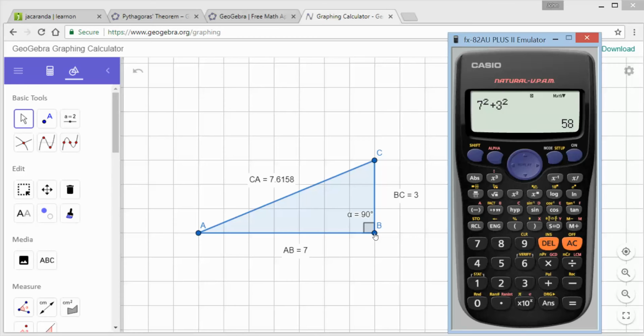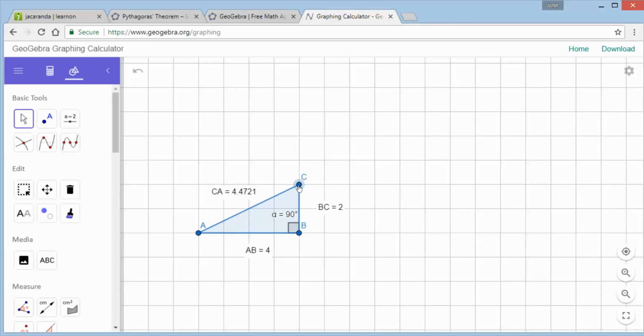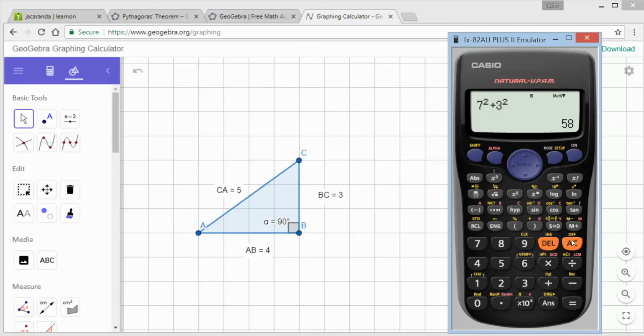In fact, probably what I should do is use what's called a Pythagorean triple. Put that on 4, and here I just need to put this on 3, and here you get the famous Pythagorean triple.